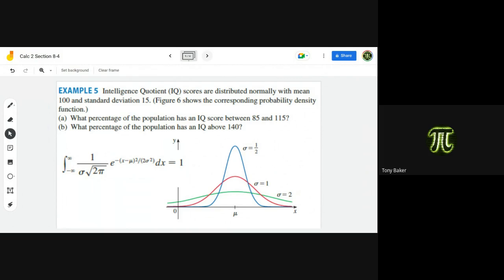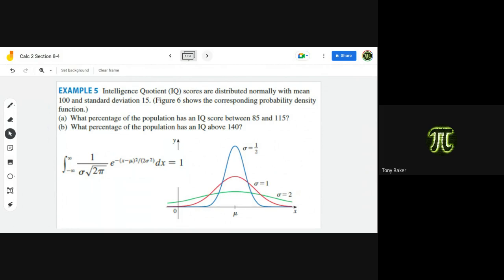So the limits of integration here are negative infinity to infinity. In this situation where we're talking about IQ, yes. In essence, the bell curve goes on forever and never touches 0. It's pretty much known that the highest IQ that's been recorded is like 209 or something like that.